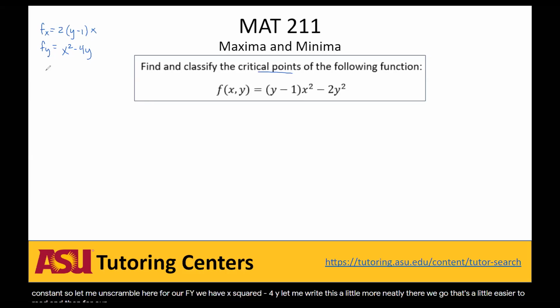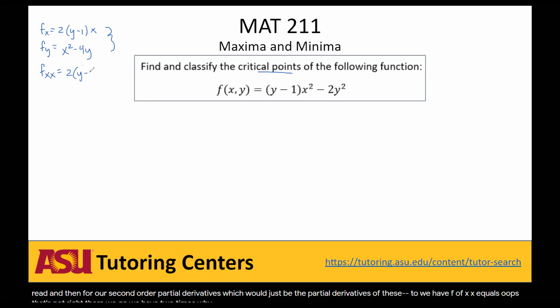And then for our second order partial derivatives, which would just be the partial derivatives of these two, we have f of xx equals 2 times y minus 1.